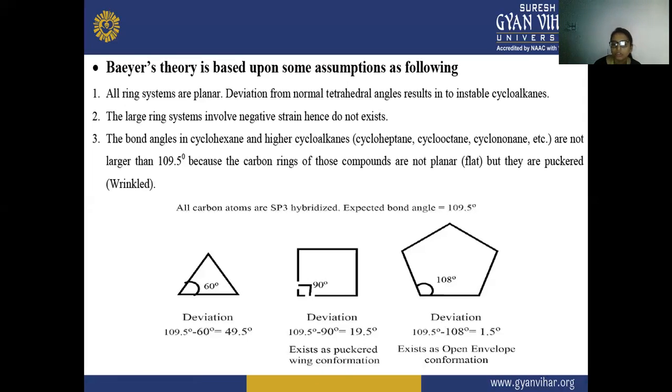In case of cyclopentane, the deviation is 109.5 degrees minus 108 degrees, equal to 1.5. So from here to here, you can see that with larger ring systems, negative strain appears, but they do not exist with any strain. So this exists as an open envelope conformation.